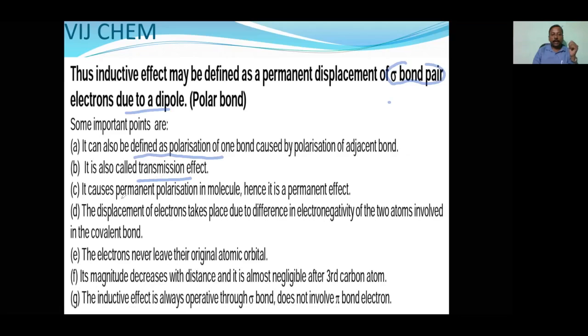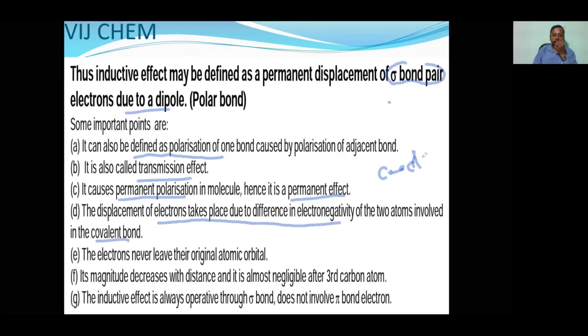And as it is a permanent polarization, it is also called a permanent effect. The electron between the carbon and chlorine is permanently going to lie closer to the chlorine and away from the carbon.